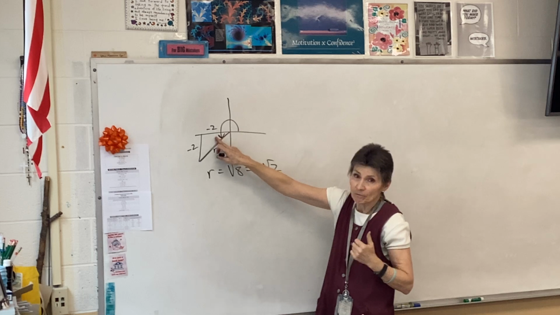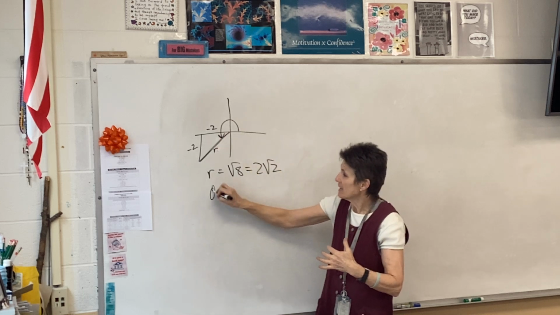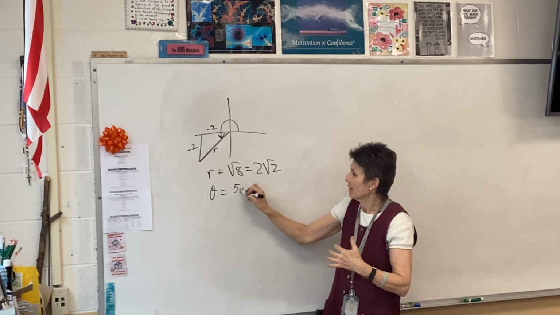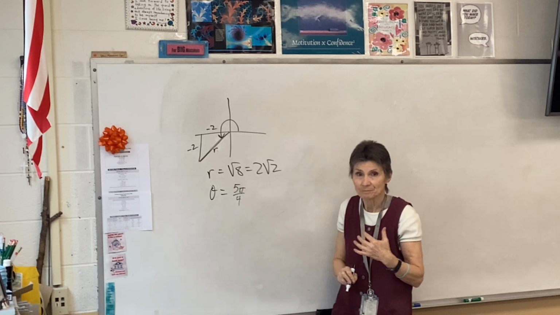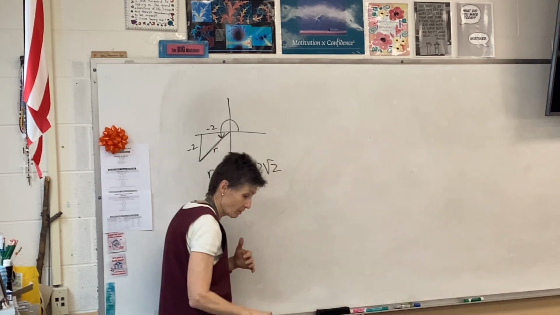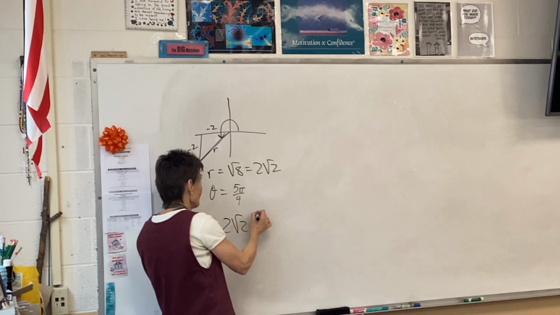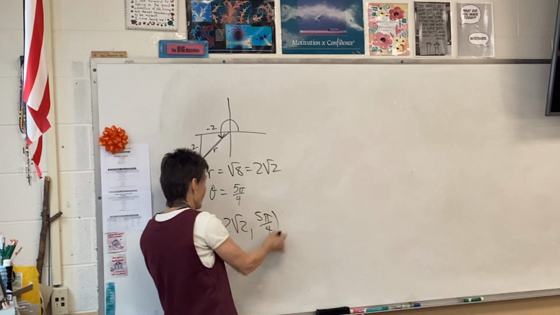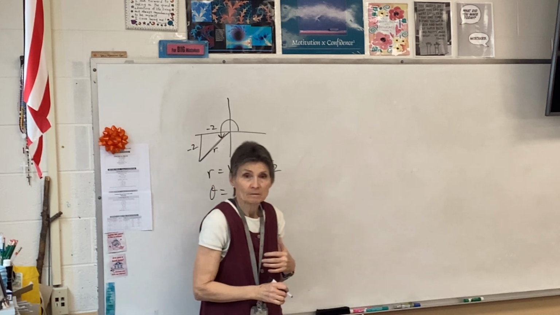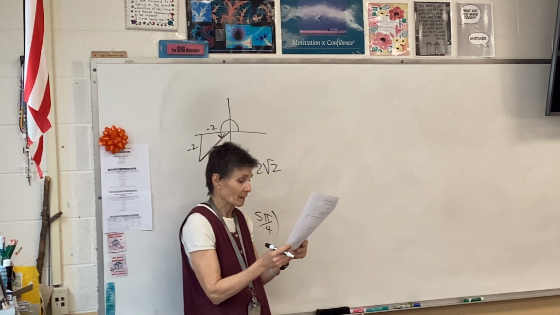So if that's a pi over 4, in quadrant 3, theta must be 5 pi over 4. So the ordered pair, r comma theta, would be 2√2, 5 pi over 4. We did that earlier. That's easy.